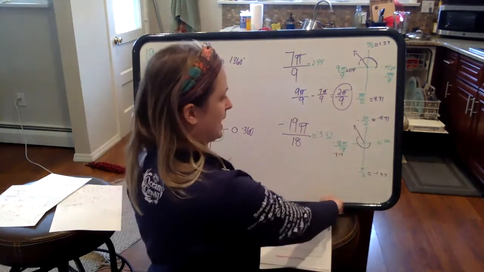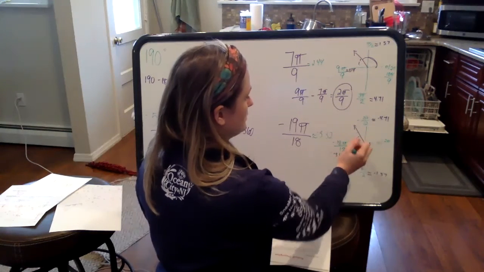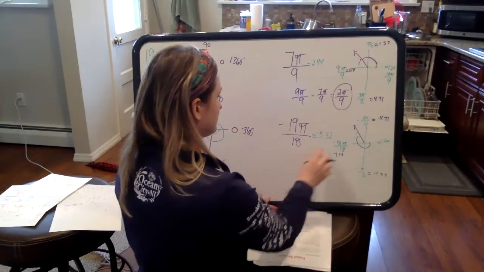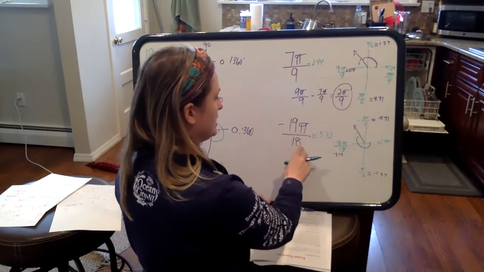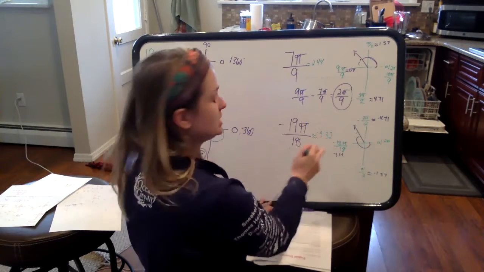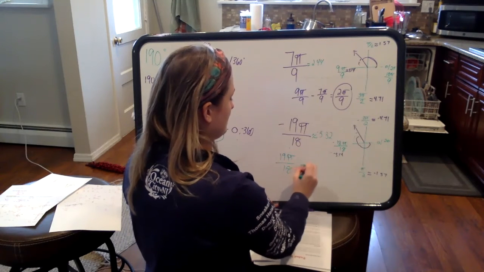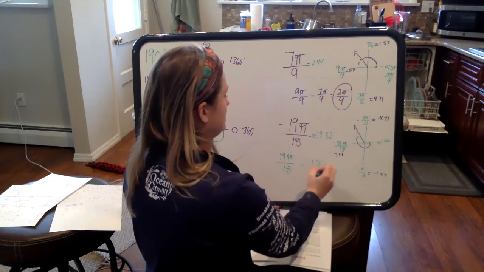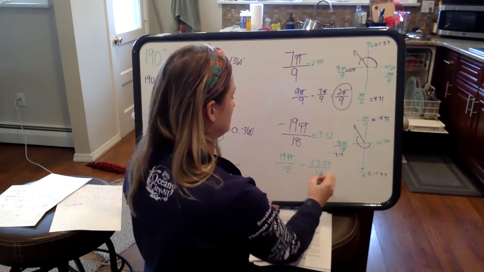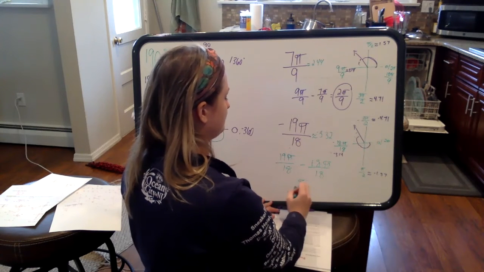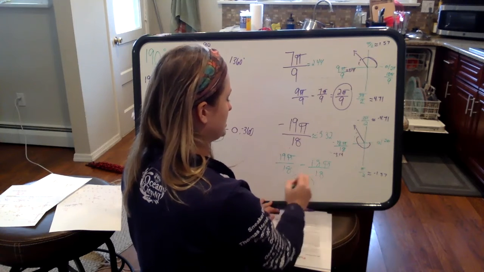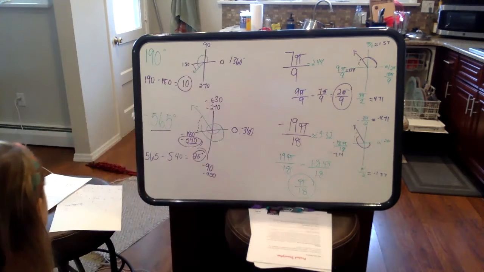So remember, work back to your x-axis. So we're working with 19 pi over 18 and 18 pi over 18. So just do 19 pi over 18 minus 18 pi over 18. And you're left with pi over 18. Okay, and that would be a reference angle for this one.